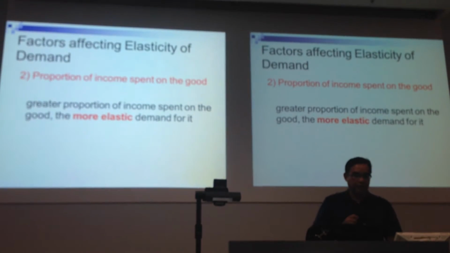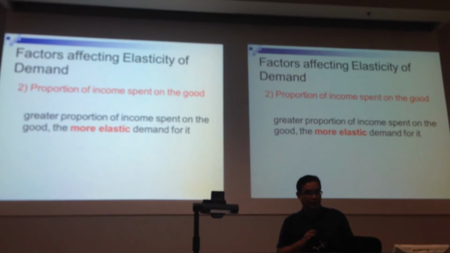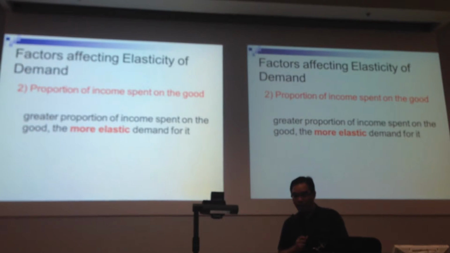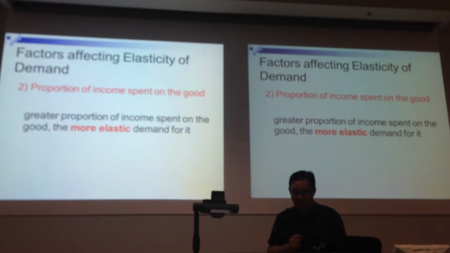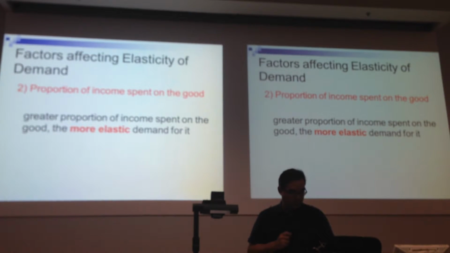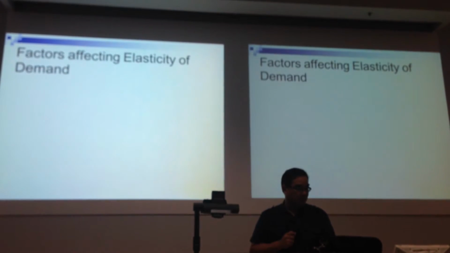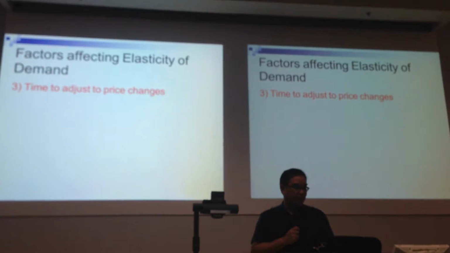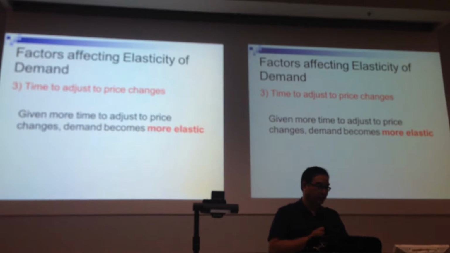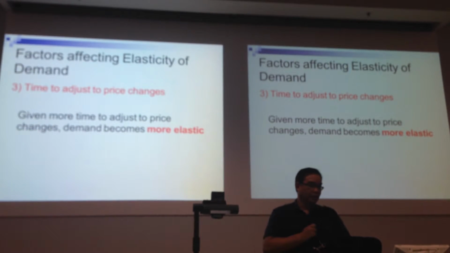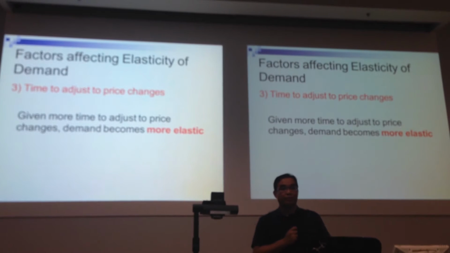So the greater the proportion of income spent, the more elastic is the demand. And lastly is the time to adjust to price changes. So the more time that is given, price and demand becomes more elastic.